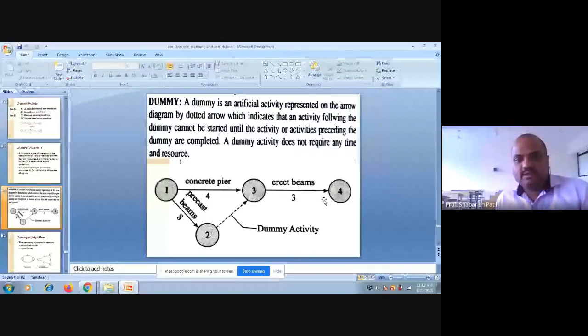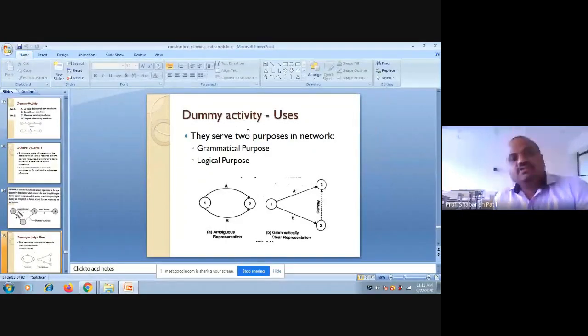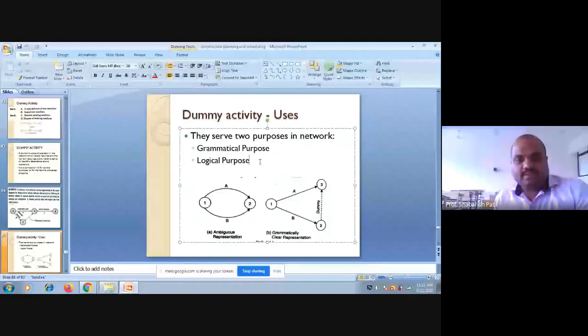This is a use. I think I have shown it in the next sketch. Dummy activities are introduced for two purposes. One is a grammatical purpose and another one is a logical purpose. If I show two activities A and B between the same two nodes, this is an ambiguous representation, I cannot show it.